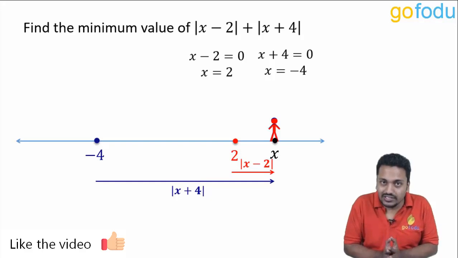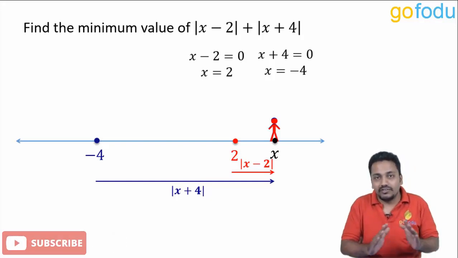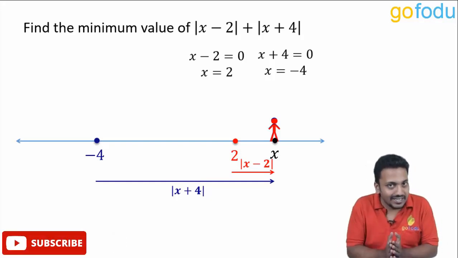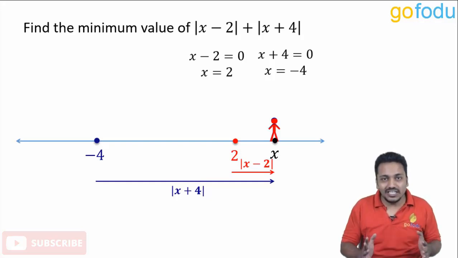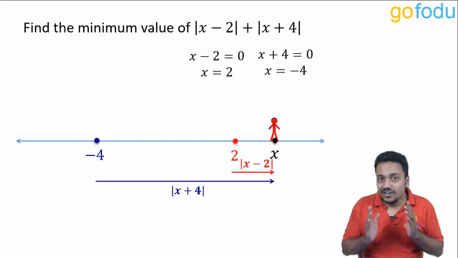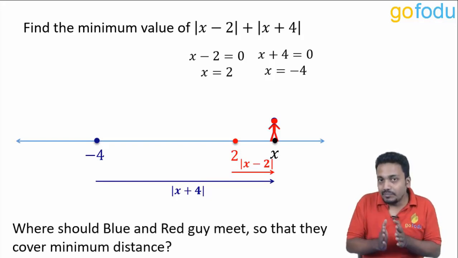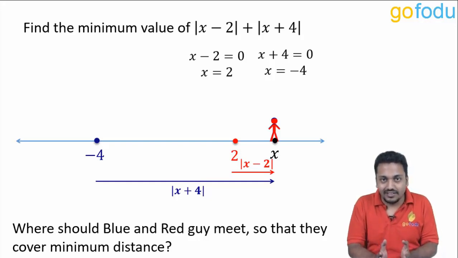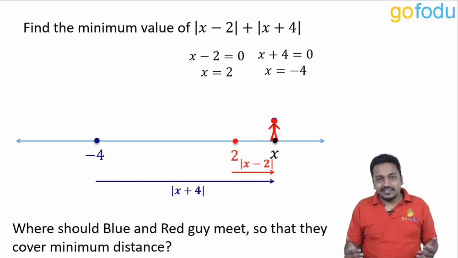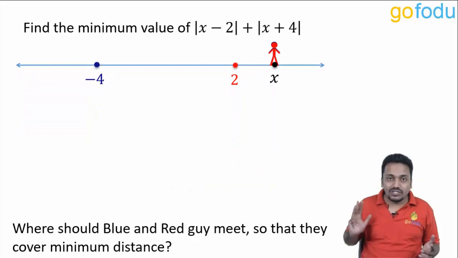And all we have to do is minimize this distance which they will cover in order to meet. Now to find x, the question that we should ask is, where should the blue and red guy meet so that they cover the minimum distance? As we have already discussed, there are three possible scenarios.